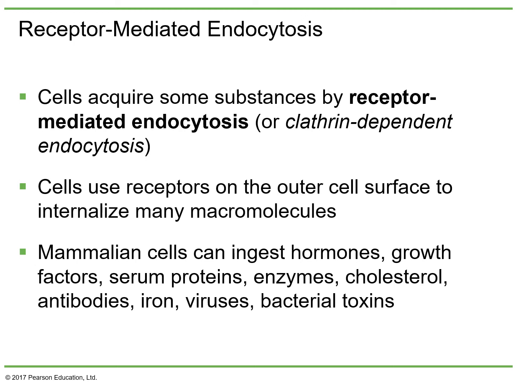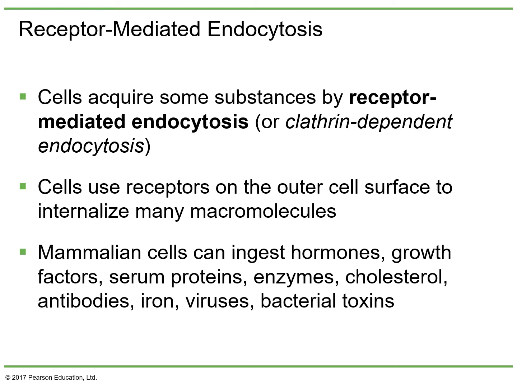Let's talk about another type of endocytosis, which is receptor-mediated endocytosis. Cells can acquire certain soluble and suspended materials by a process called receptor-mediated endocytosis, which is otherwise known as clathrin-dependent endocytosis. For this process, cells use specific receptors that are found on the outer surface of the plasma membrane.